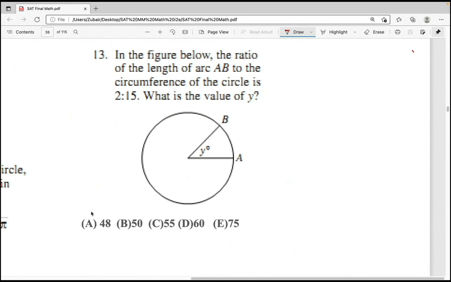Correct. 2 out of 15 of 360. So why is it not 2/17? Because it says AB to the circumference. The total is actually already given. Oh, 2 ratio total, and the total angle is 360. This should be unknown. Okay.